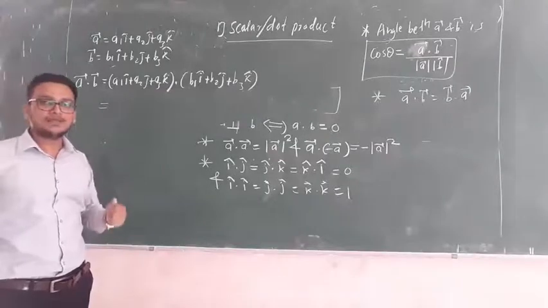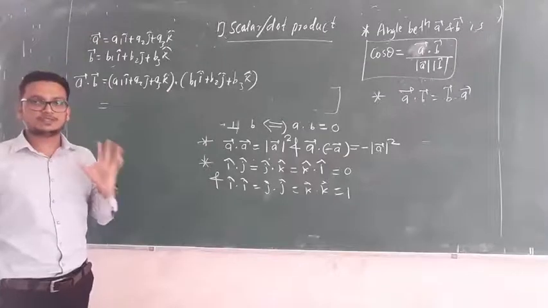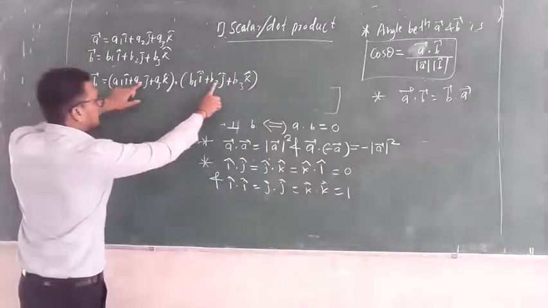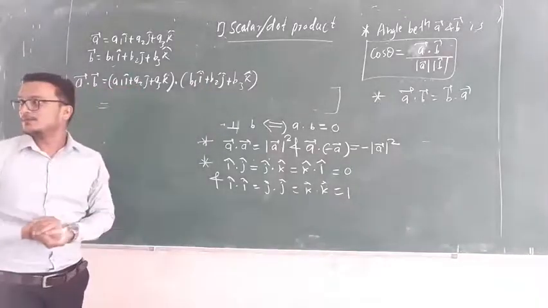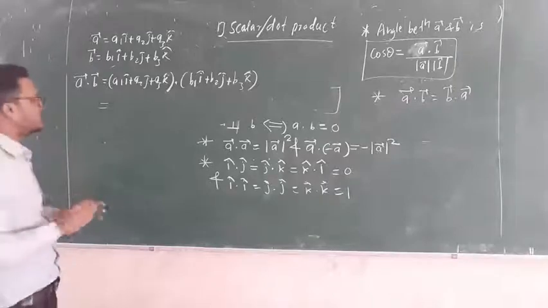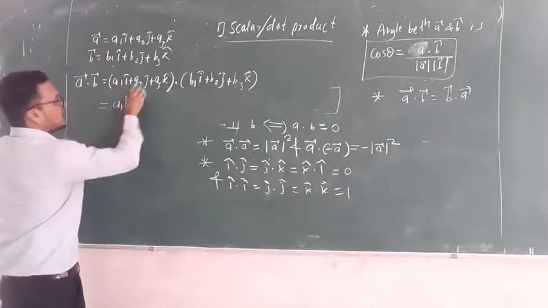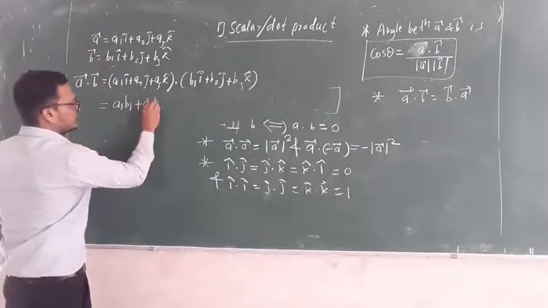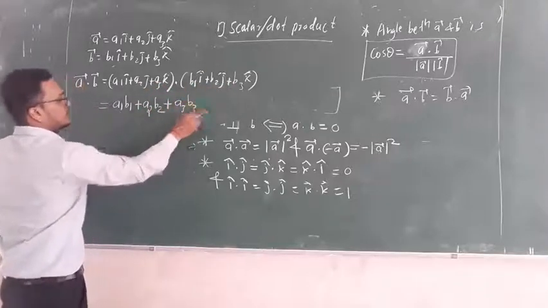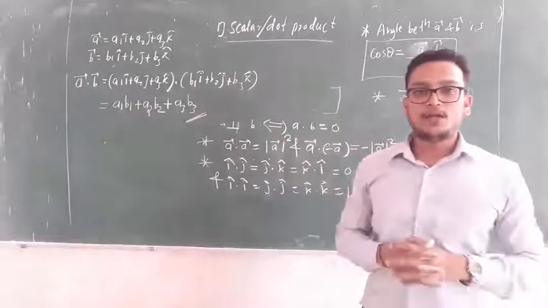By multiplying the corresponding components without taking the i, j, k terms. Multiply first term into first term, second into second, third into third, considering just the coefficients. So A1 into B1, that is A1B1, plus A2B2, plus A3B3. This is the dot product of the two component forms.